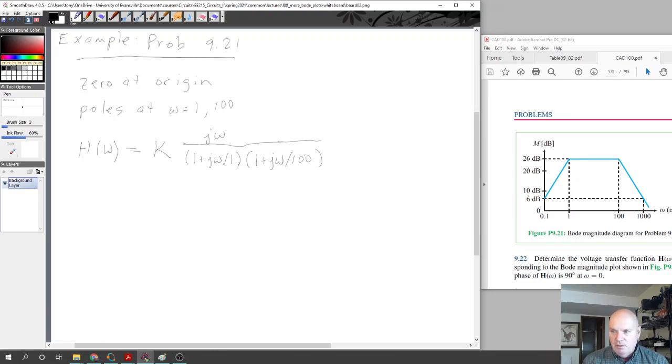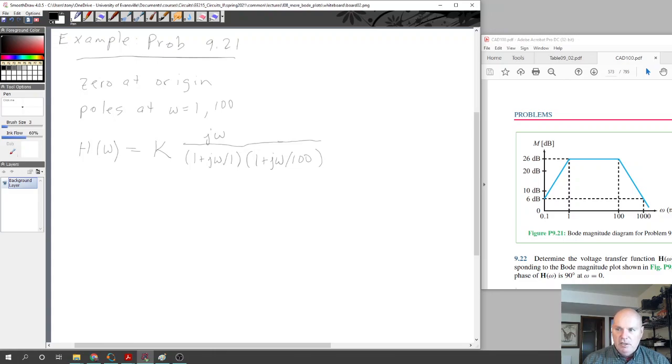The only thing left to do is actually determine the value of this K, that would shift this thing up and down. Well, if you recall, for frequencies less than 100, this term is equal to 1. For frequencies less than or equal to 1, this term is also equal to 1. And if you remember, our simple 0 term would actually cross 0 dB at omega equal to 1.